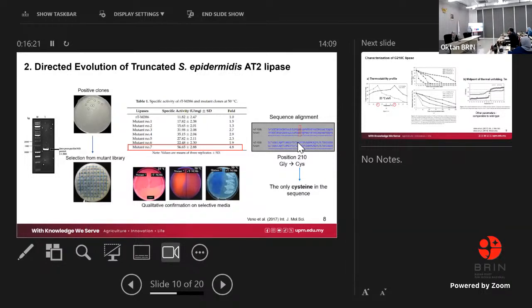Then we did sequence alignment, and found that there is only one mutation, at position 210, where glycine was substituted by cysteine. Interestingly, because this enzyme has no cysteine in the sequence, random mutagenesis has introduced a single cysteine into the sequence of this 82 lipase.